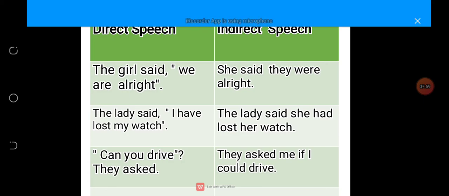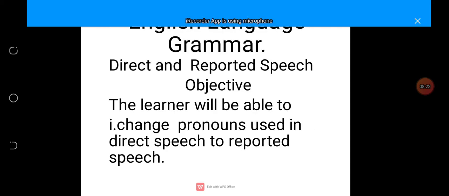I believe these examples are clear enough, and we can form as many of them as possible anytime we are called to do so. So for today's lesson, we have briefly just touched on one thing in particular, that is changing pronouns used in direct speech to reported speech.